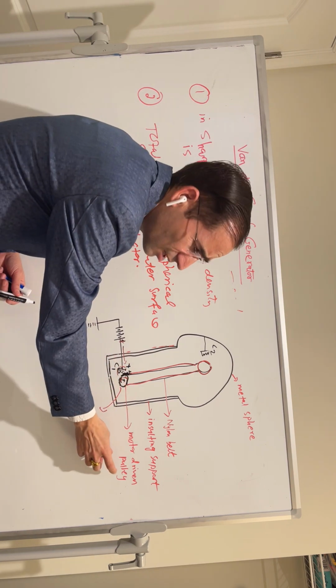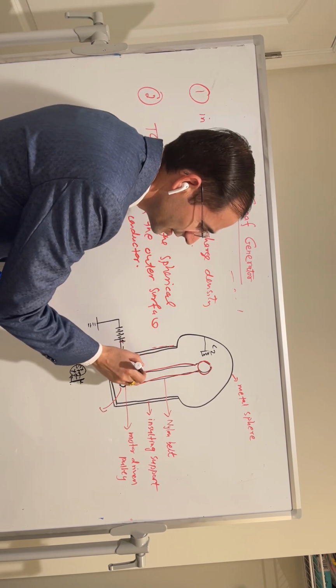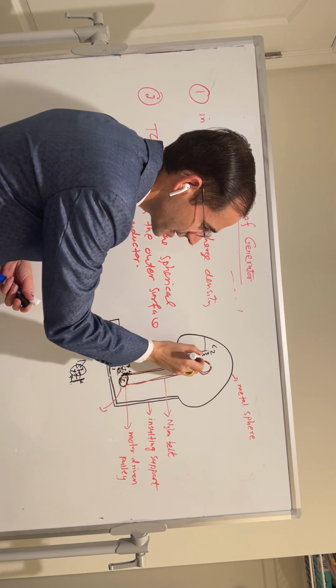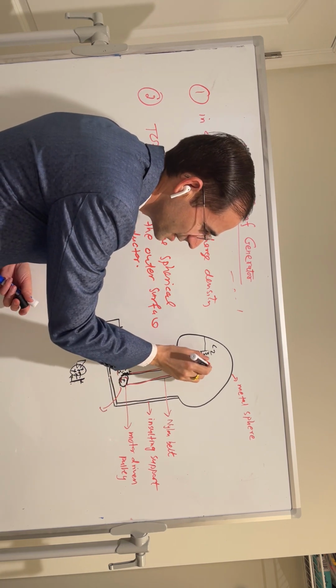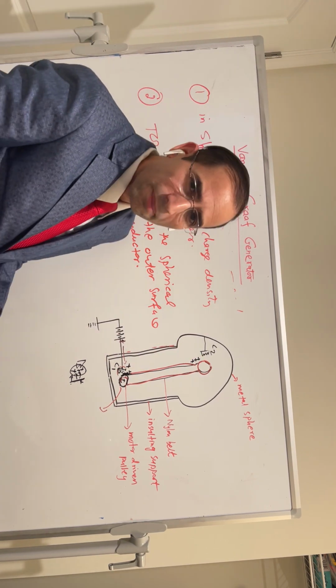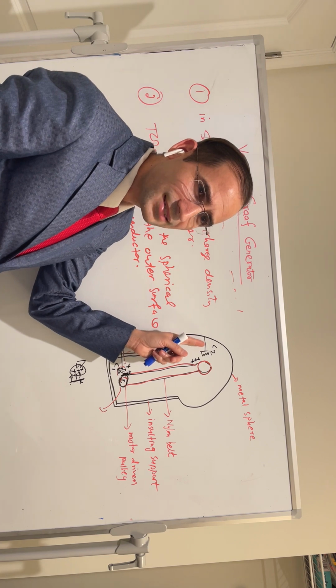Now you run the motor. These positive charges here start to move because it rotates. Now these positive charges reach the top part of the belt, near that next comb.